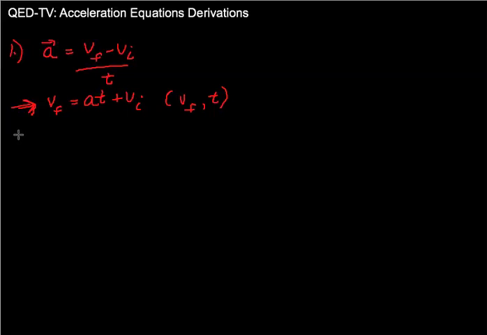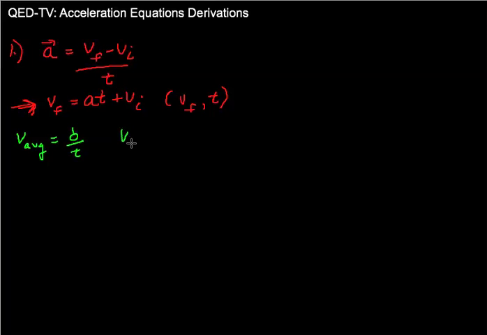You could say that average velocity would equal the total displacement, d, over time. How far it was displaced over a certain amount of time, and that would give you an average velocity. It wouldn't give you an instantaneous velocity at any point on the trip. It would just say that the average velocity was the total displacement you traveled over the amount of time. So that's one equation we could use for average velocity.